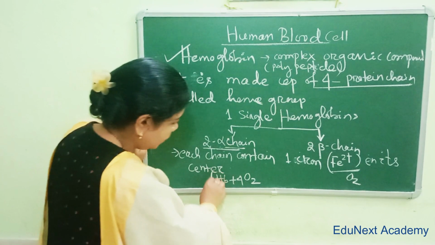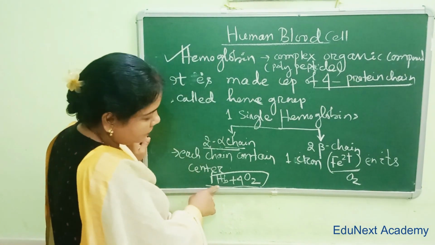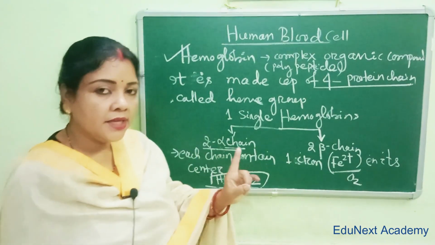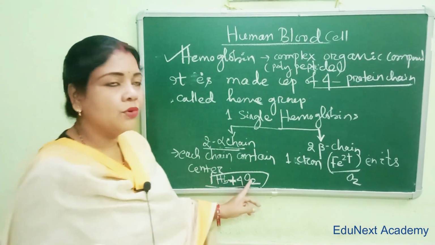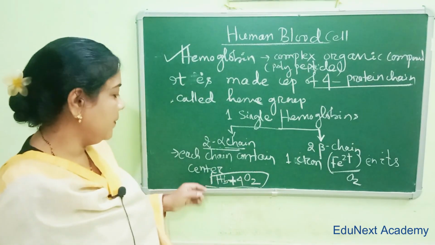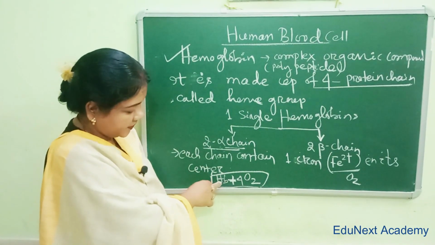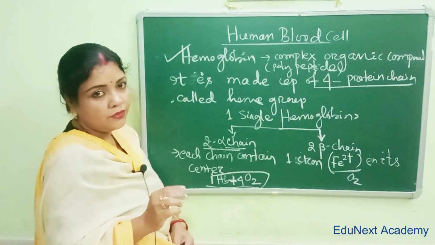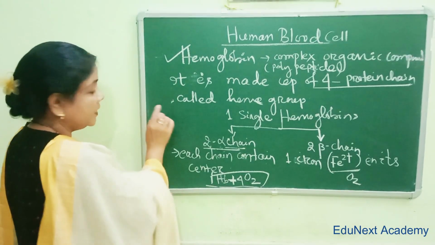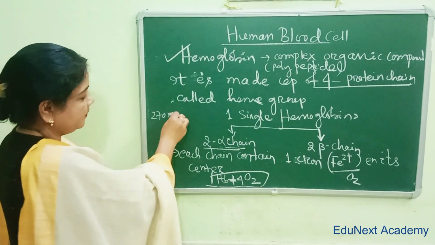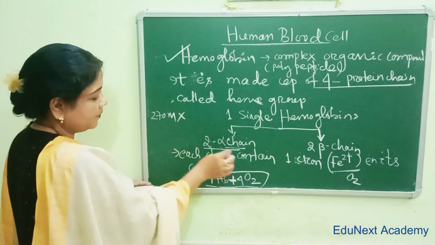That's why you can write the equation: Hb, hemoglobin, can attach with 4 oxygen, each single hemoglobin can carry 4 oxygen molecules. Now if a single hemoglobin carries 4 oxygen, you can imagine that in a single RBC there are 270 millions into 4.